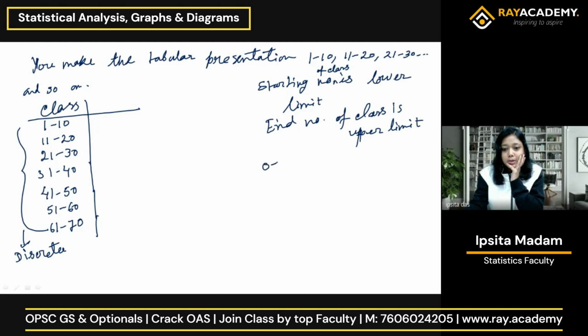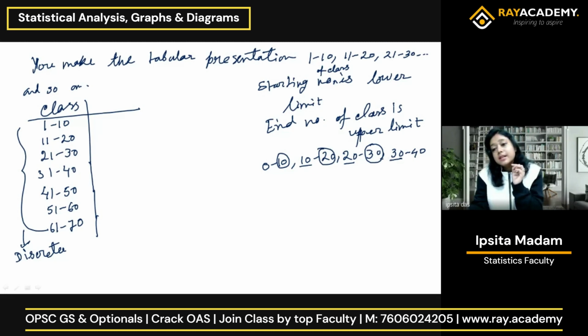So 0 to 10, 10 to 20, 20 to 30, 30 to 40. Upper limit of the previous class is equal to lower limit of the next class. It is called the continuous series.